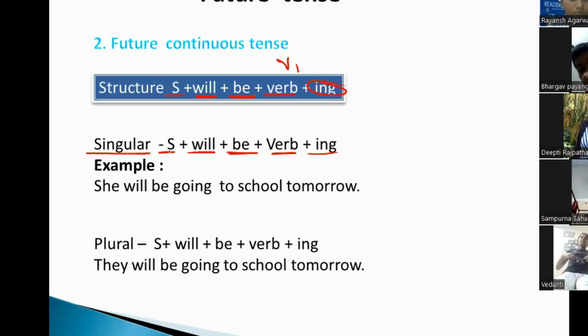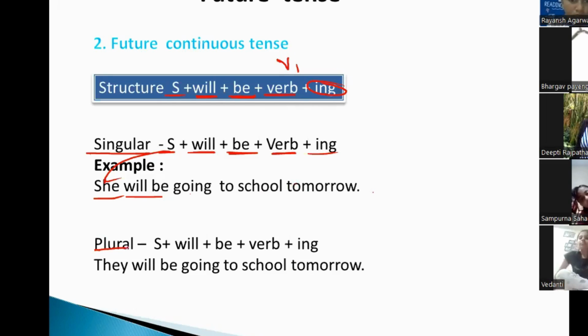Let us see this one. She will be going to school tomorrow. So it is definitely representing the future tense, right? And that is going to continue in the future time, that is tomorrow. So, she will be going to school tomorrow is our future continuous tense.